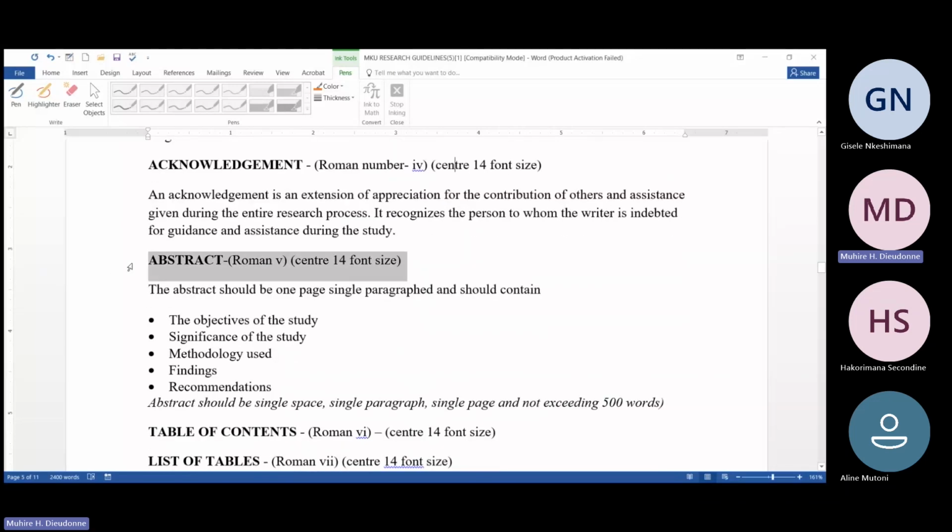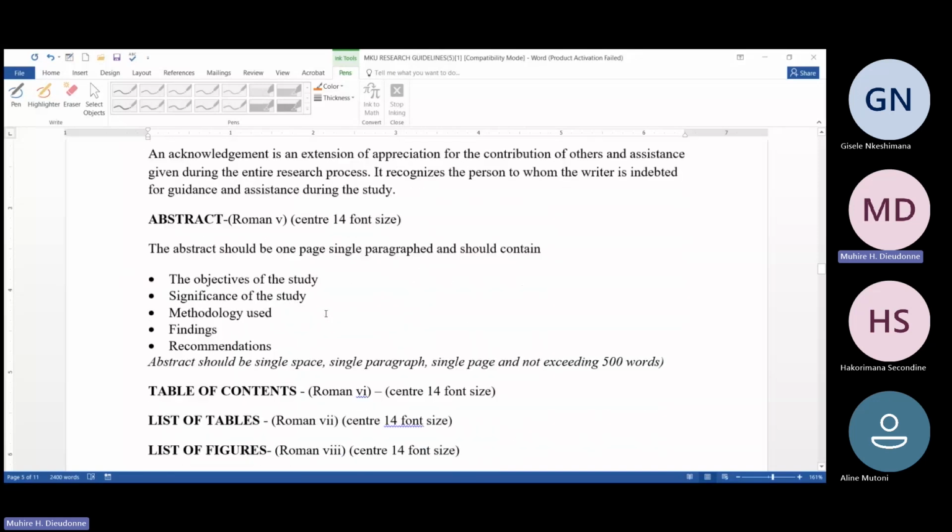Then the next page will be abstract. Abstract also will be the same. But what must abstract show? First of all, it must show the small background. Then objectives of the study, significance of the study, but mostly we don't use significance of the study.